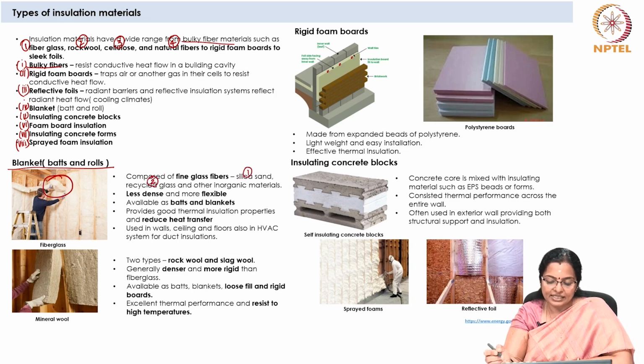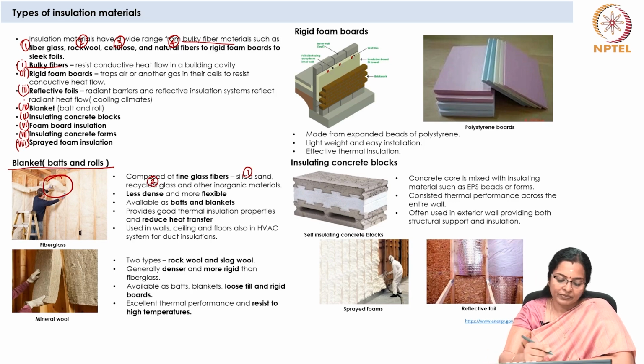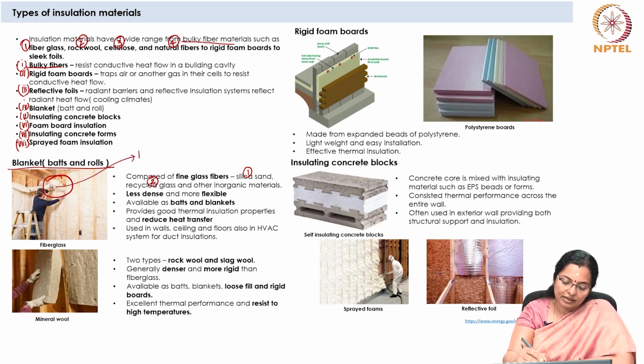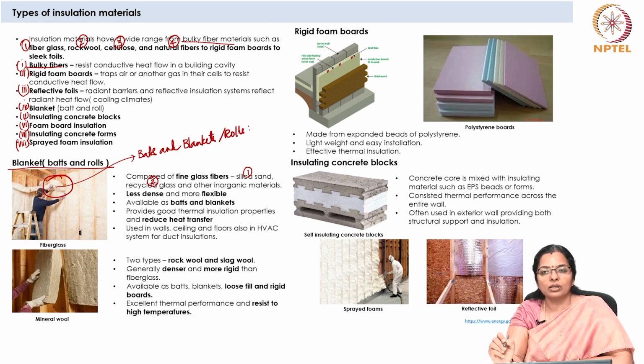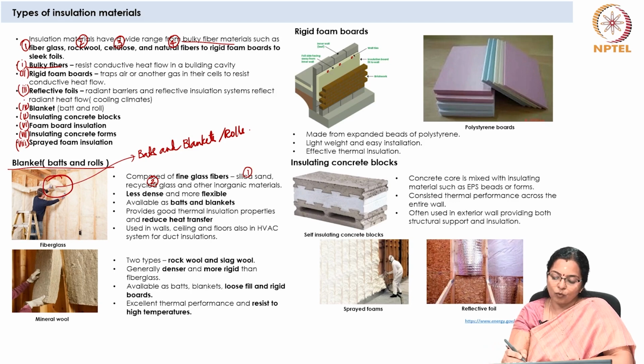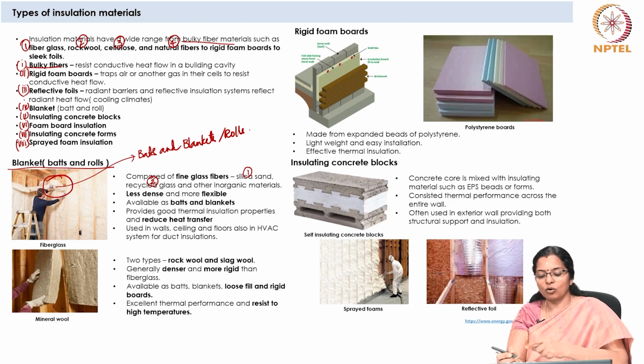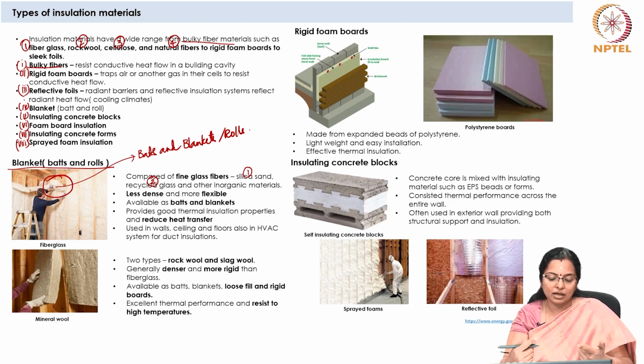They are less dense, more flexible, and they are available as bats and blankets or rolls. They provide good thermal insulation and they reduce heat transfers considerably. These can be used in wall, ceiling and floors and also in HVAC system as duct insulators.